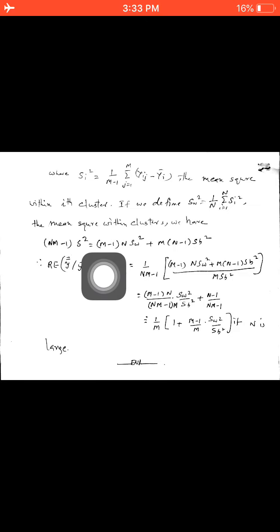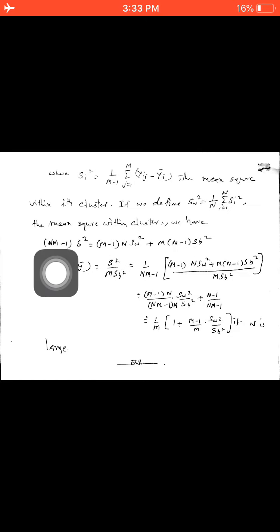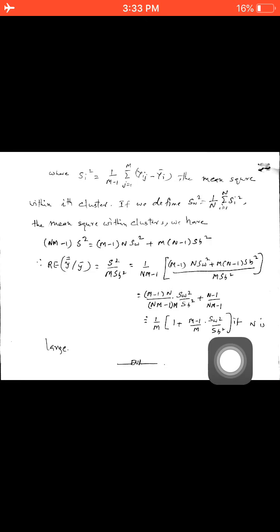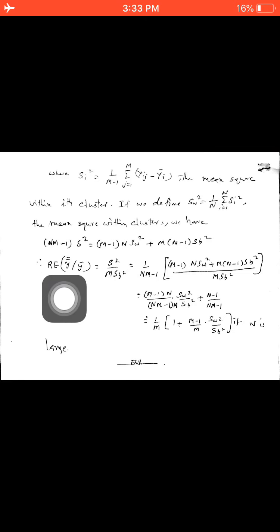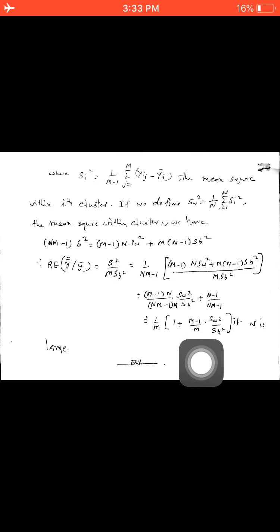Now you can again represent NM minus 1 into S square equal to this, and using this expression the relative efficiency can be made equal to this last expression. So you see that the relative efficiency is given in terms of the mean square within clusters as well as the mean square between clusters.